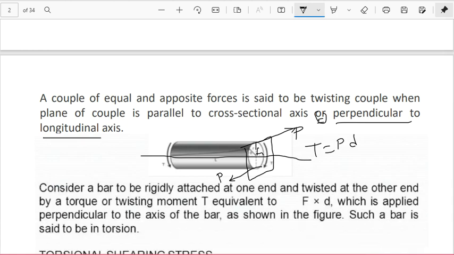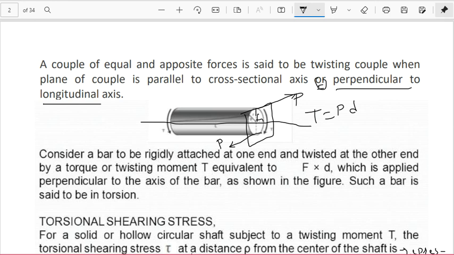Now, torsional shearing stress. What is torsional shearing stress? For a solid or a hollow circular shaft subject to a twisting moment T is torsional shear. If it is subjected to a torsional moment T, the torsional shear stress tau at a distance, let us say Q, from the center of a shaft is represented as, I will show you by drawing a diagram.